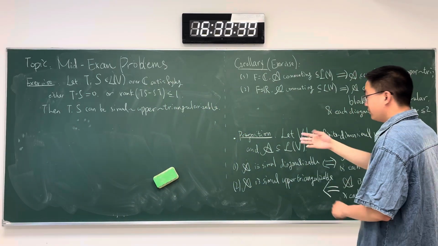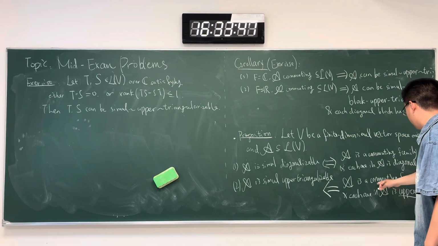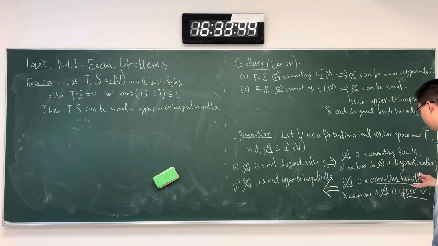We see that under this condition, we don't need such a strong condition as a commuting family.